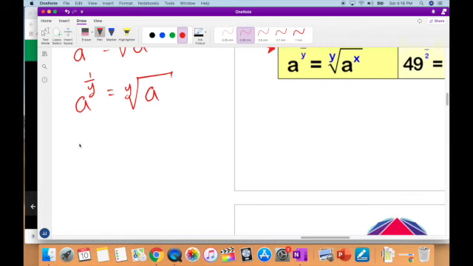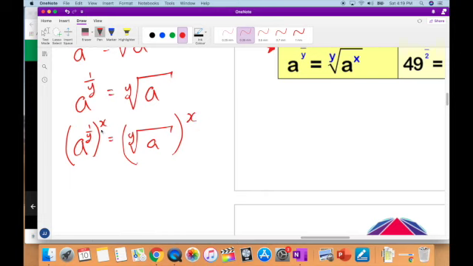So if I was to take a to the power of 1 over y, all to the power of x, that would mean that we have the y root of a, all to the power of x.